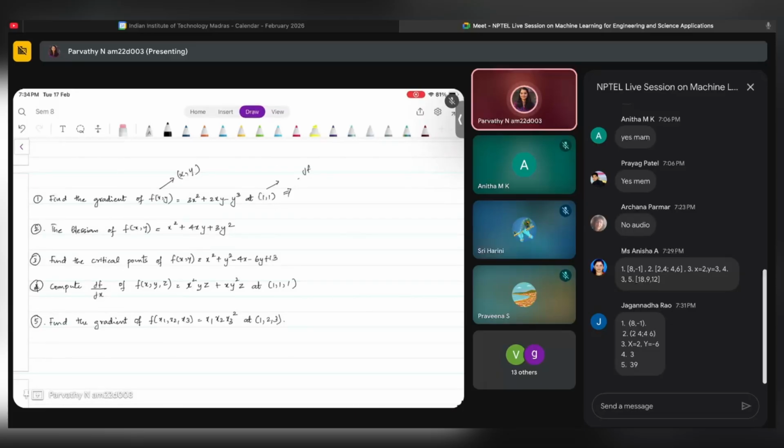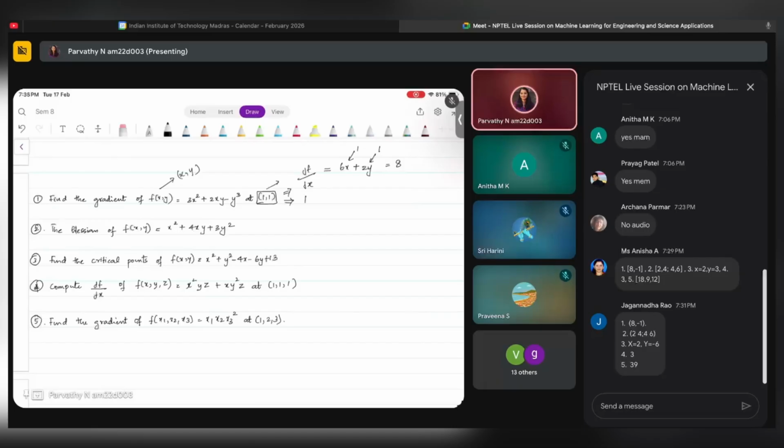So ∂f/∂x is given by 3x² + 6x, and 2xy gives 2y. Now they have also asked what is the gradient at the point 1 comma 1. So you substitute 1 for x and 1 for y. Then you get 6 plus 2, which is 8.